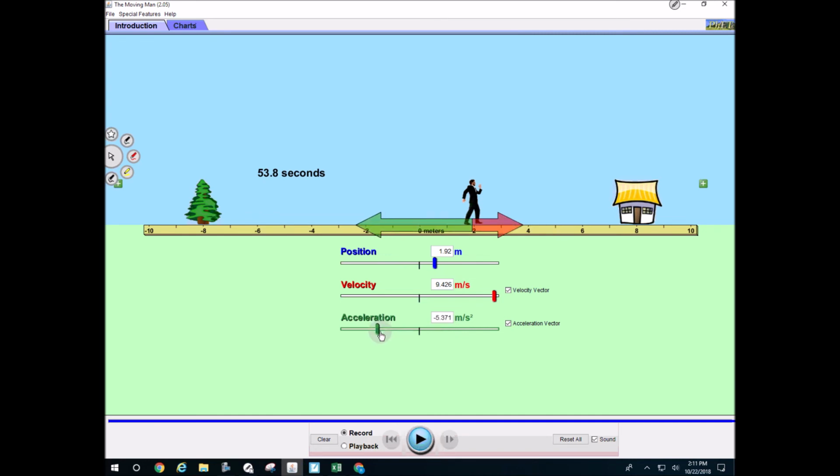If I started like this and the arrows are in opposite directions, we are going to be slowing down until we've come to a stop. And then my velocity values, which are decreasing, are going to be going in the same direction as my acceleration, and we will be speeding up. My arrows are going in the same direction. Opposite directions, slowing down until we've stopped. Same direction, speeding up. Does that make sense?